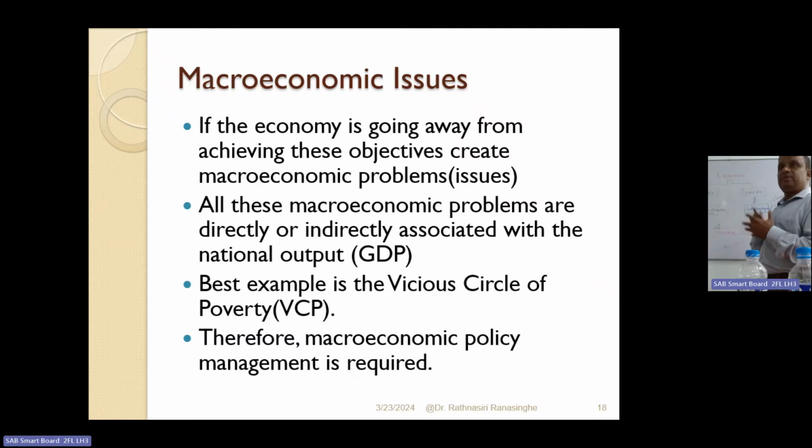If we analyze those problems, they are directly or indirectly related to output, production. Because of lower production, these problems may arise. Lower production may lower income, which may lead to lower investment, lower savings, lower capital accumulation, and lower employment, because of the inadequacy of output.